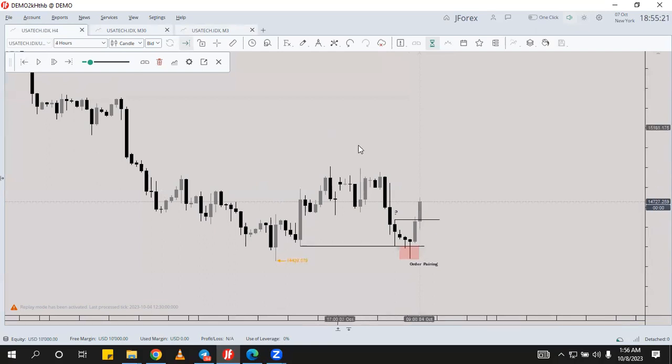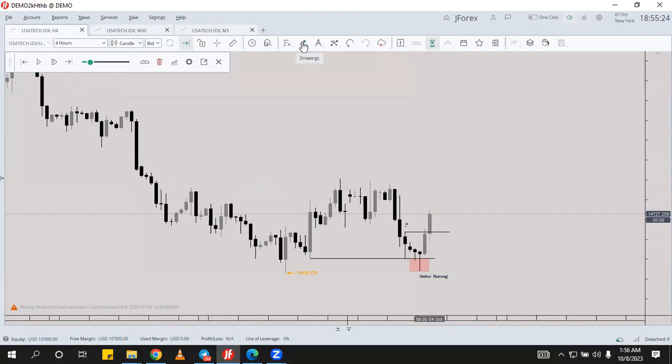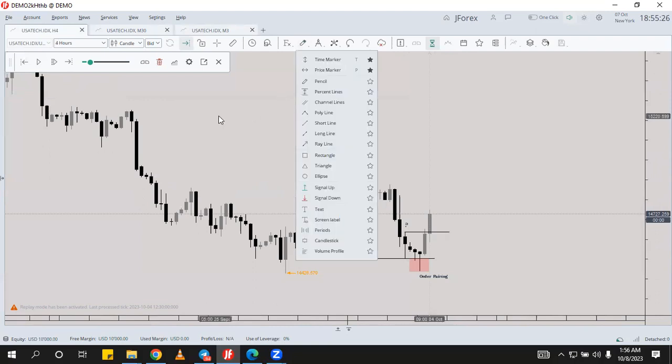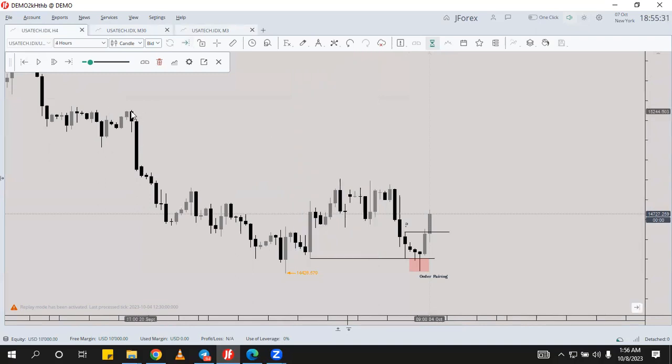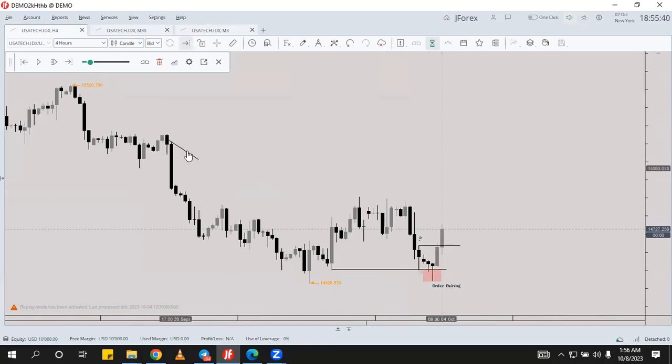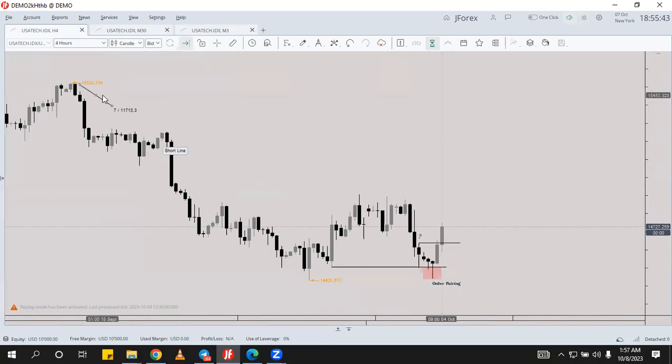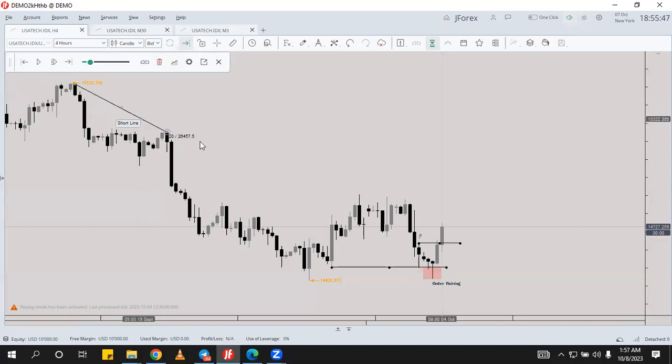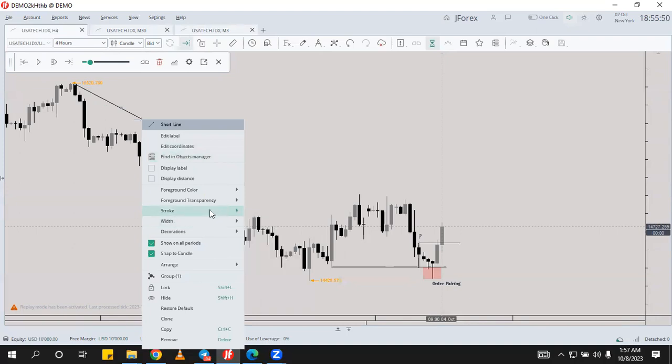Now, what I was able to identify is what we call failure swings, right? I'm going to explain it briefly. If you notice, we have these swing points here. We have these highs failing to make higher highs, right?